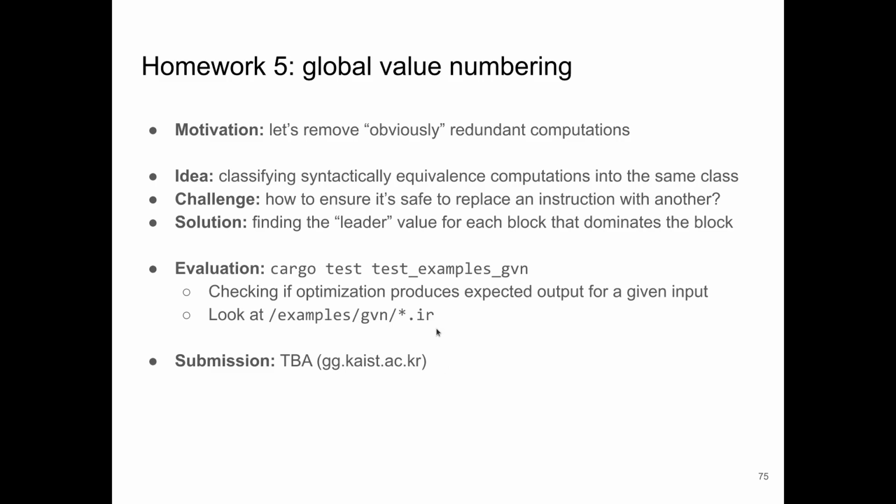This directory contains both input and output files of GVN, so please see what's going on there. You're going to submit your optimization at gg.kaistatus.kr, but it will be announced later. For the time being, please test your GVN optimization using this script. If it says OK, you get 100% credit for this homework. If it doesn't work, you get 0 points. It's a simple grading scheme.